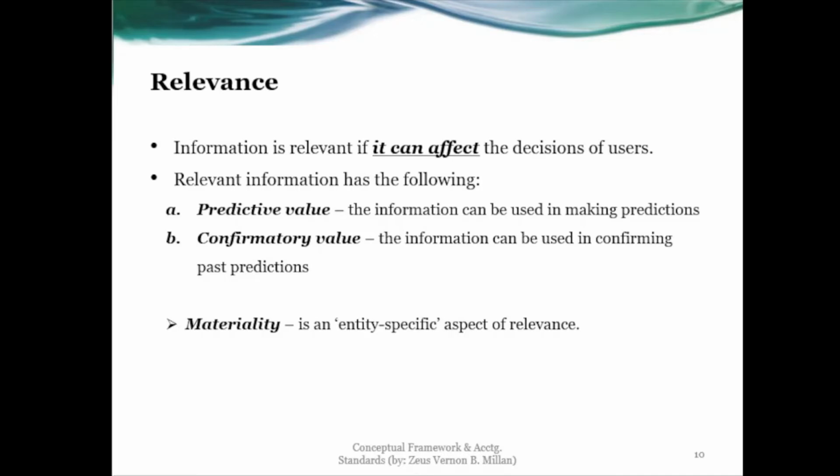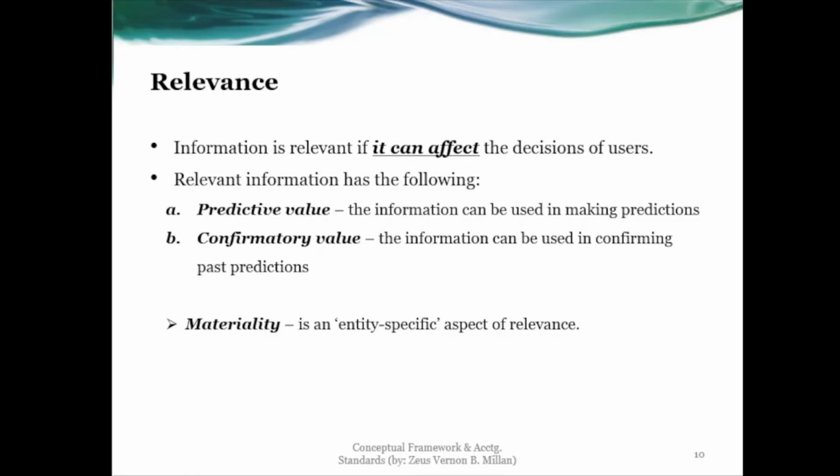Now, relevance, I believe you already know, is when information can affect the decision of the users. So if there are changes to the information, meaning the decisions most likely will also change. Because again, there is an impact or a significant difference if there is also a difference or a change in information.